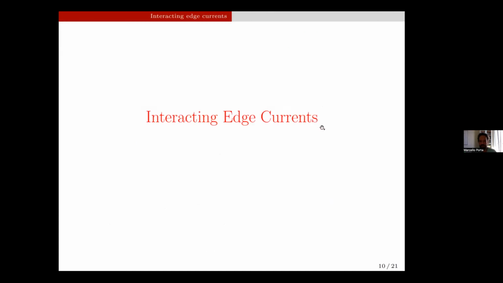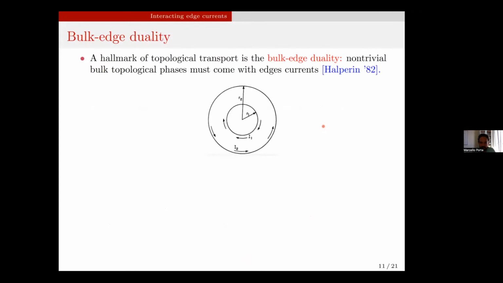Now I would like to move to a specific case in which these ideas can be applied. And that's the setting of two-dimensional quantum systems relevant for the quantum Hall effect. A hallmark of topological transport is what is called the bulk-edge duality, which is the observation that if you have a two-dimensional quantum Hall system, and if you are able to measure a non-zero Hall conductivity in the bulk of the sample, then this necessarily has to come with stable edge currents flowing on the boundaries.